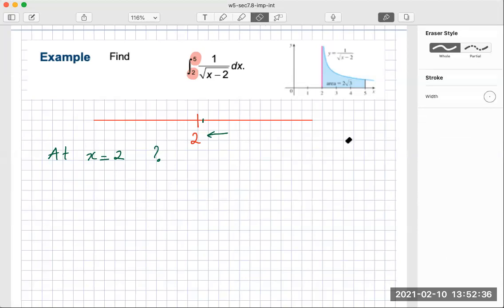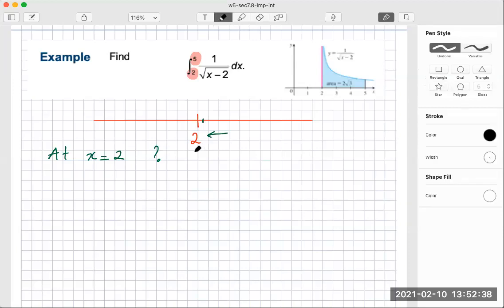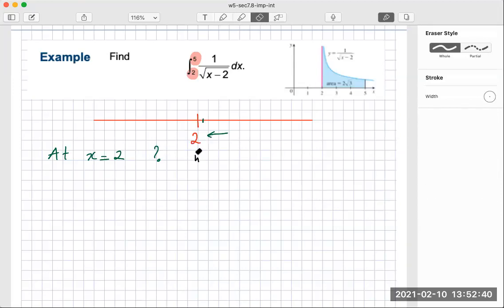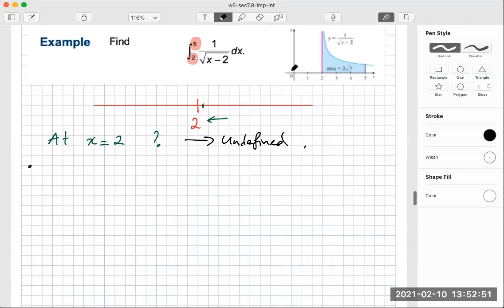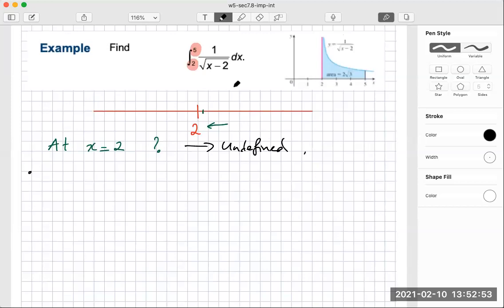It is undefined. Very good. So be careful with the domains of this. Okay. Now let us just compute this integral.